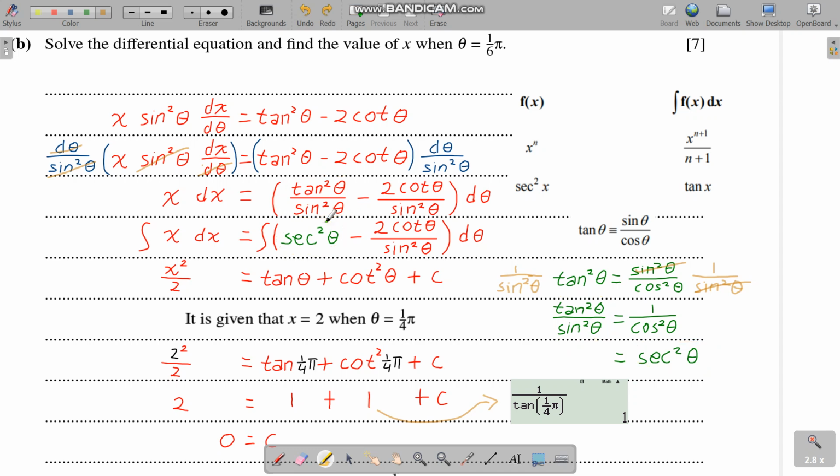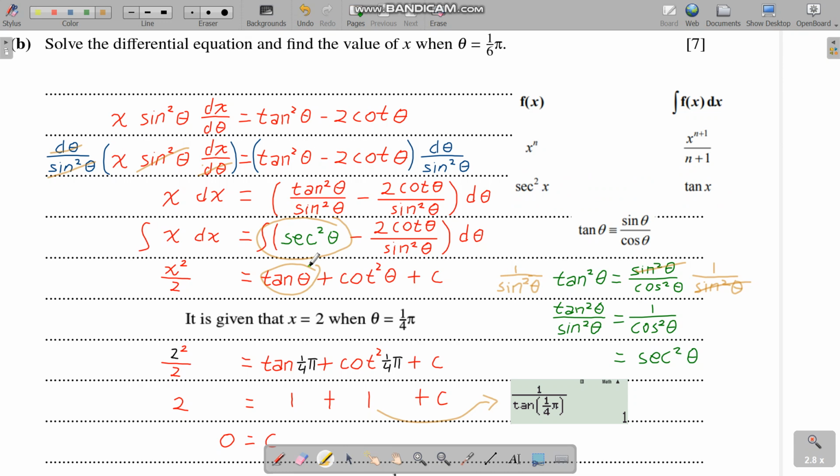Okay, so in case you are wondering why we have to use secant squared, well, because we have the MF19 integration formula for secant squared. The integral of secant squared is tangent. So now we can integrate secant squared, we get tangent. Okay, so not tangent squared, but just tangent.